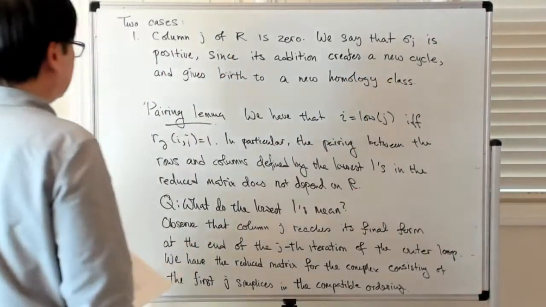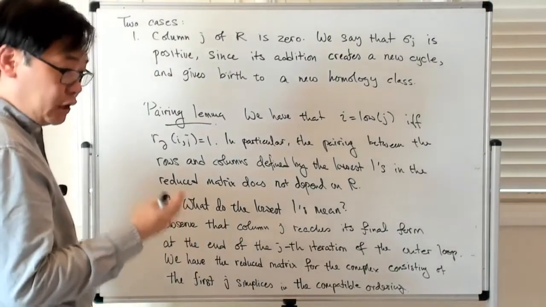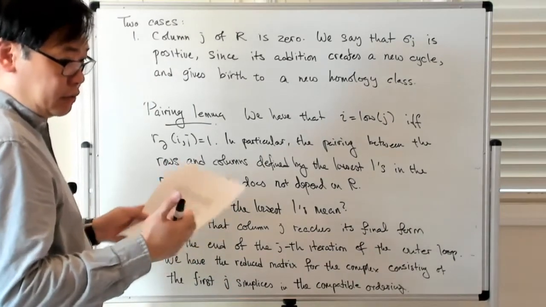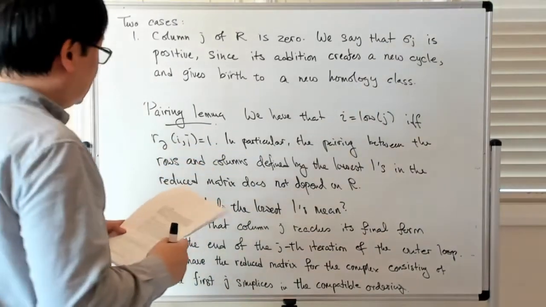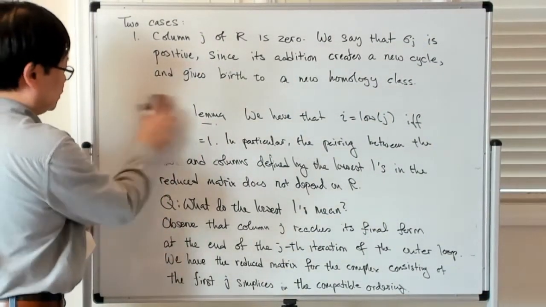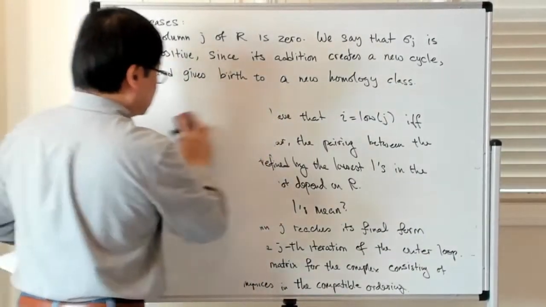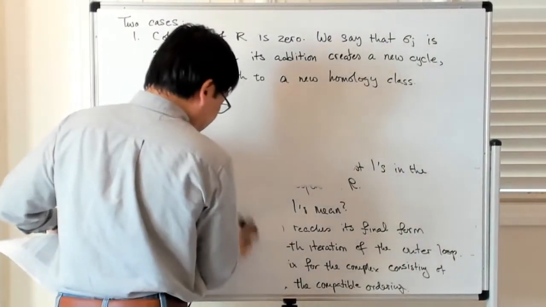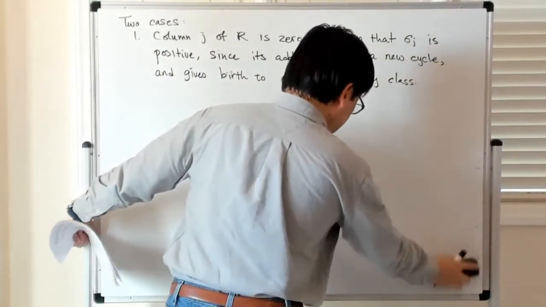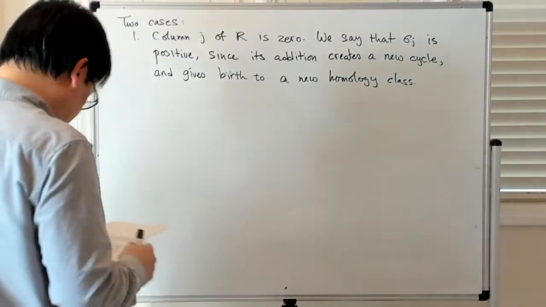So basically, after you do the reduction, it turns out that the Jth column is 0. That means you've created a new cycle which is not the boundary of something, and so that's a generator of a new homology class. And then the other possibility is that you have a non-zero column, in which case there's a lowest one.